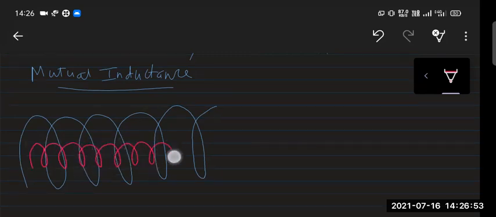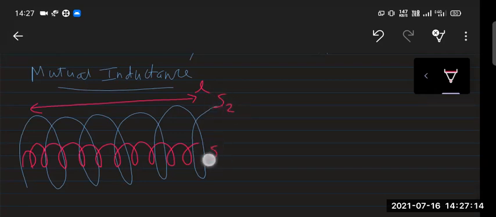You can consider a system of one spring inside another spring. Let's also consider that this length is the same for both, so L. The outer one is S2 and the inner one is S1.